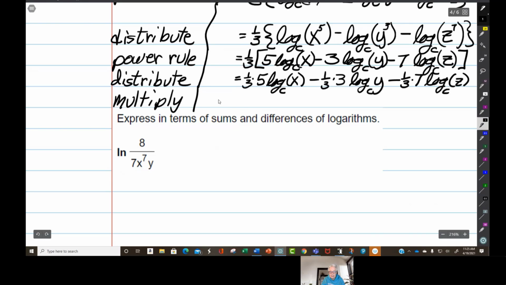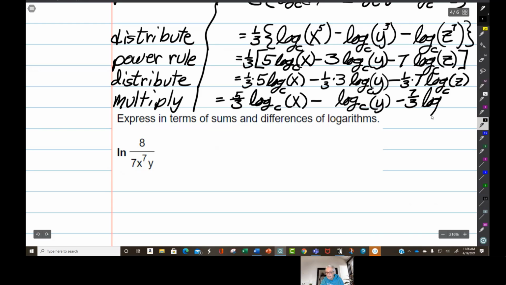That is what I meant by that: 1/3 times 5 is 5/3 log base c of x, minus 1/3 times 3 is 1. So this is just going to be log base c of y, minus 1/3 times 7 is 7/3 times log base c of z.